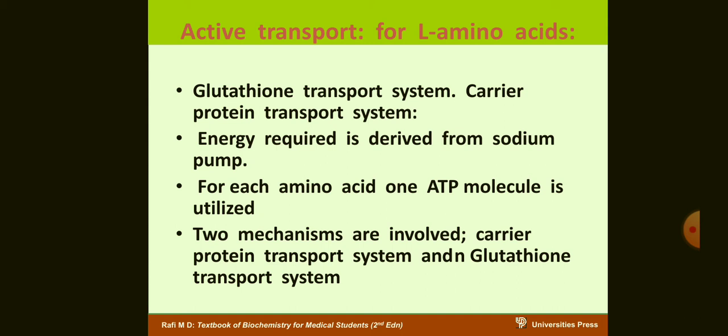In active transport of protein, there are two systems acting. One is the glutathione transport system, the other is the carrier protein transport system. Energy is required for both systems, derived from ATP. In active transport, we get energy from the sodium pump.